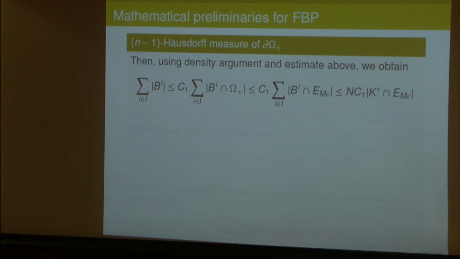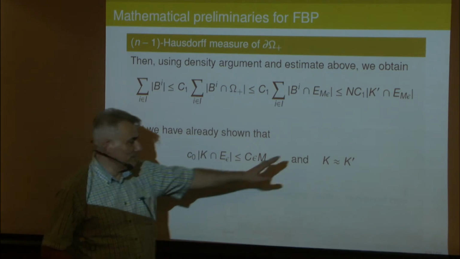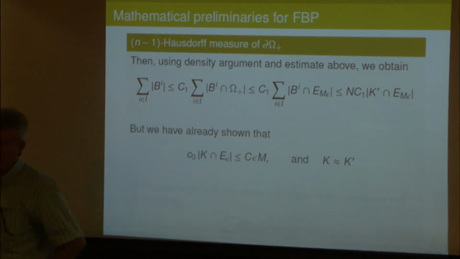These are small technicalities that one has to do. But at the end you actually get this estimate that I was telling you about. Oh, don't worry about K prime here. That's a technical matter, small technicalities.